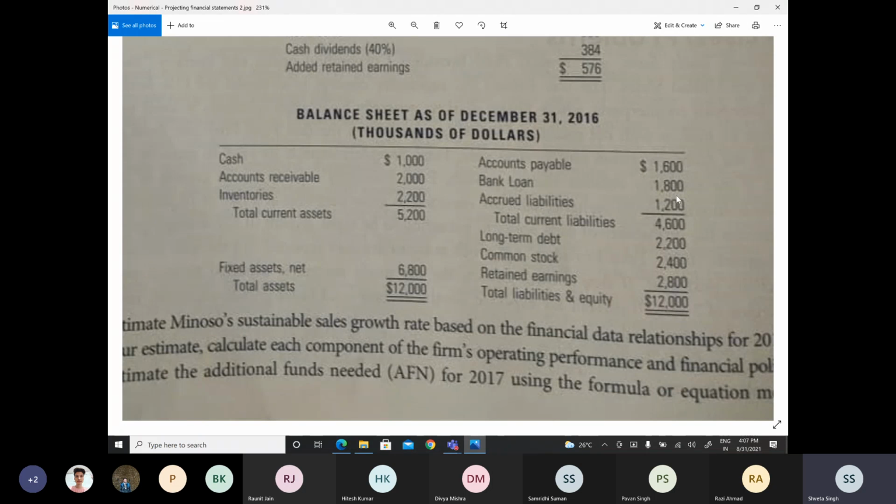They have a bank loan of 1,800. They have other accrued liabilities of 1,200, which gives a total current liability of 4,600. Then they have long-term debt of 2,200. They have common stock, which was the initial equity of 2,400, and they have retentions of 2,800. So this gives us a total liability and equity of $12,000.